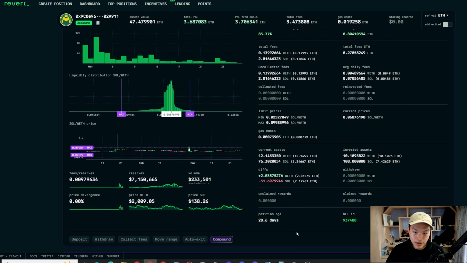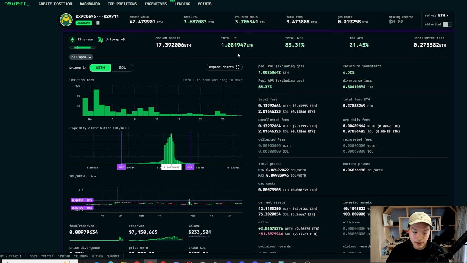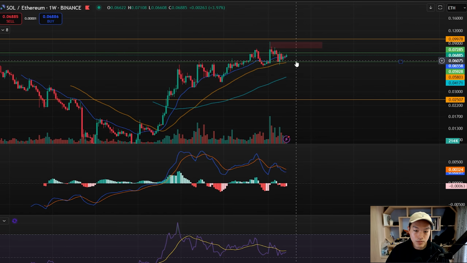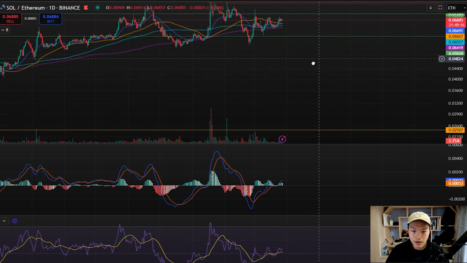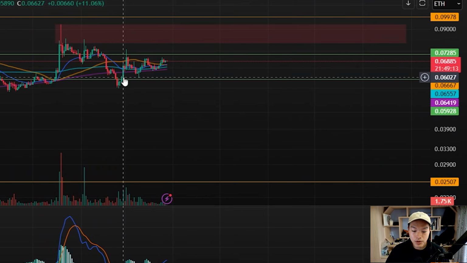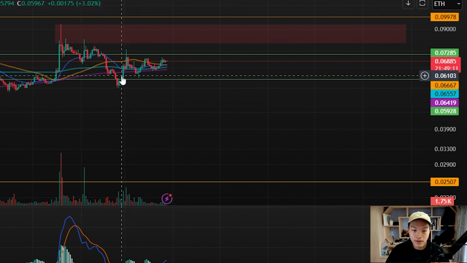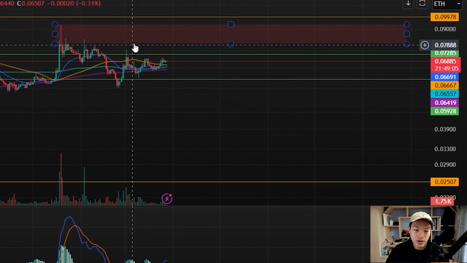I've been in range for 28 days and the profit is quite nice if I exit this position. When I entered the pool, I was holding ETH, right? So if we drop down to the daily chart here, I entered the position around the 27th of February, around 0.06. So pretty good entry.